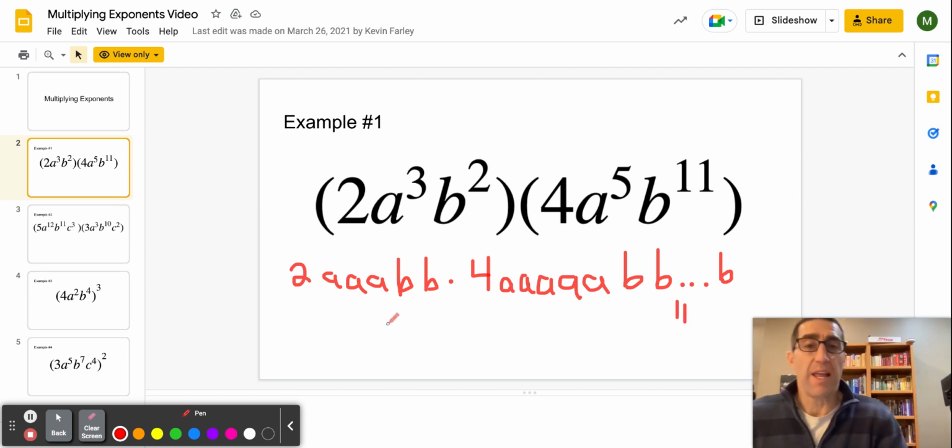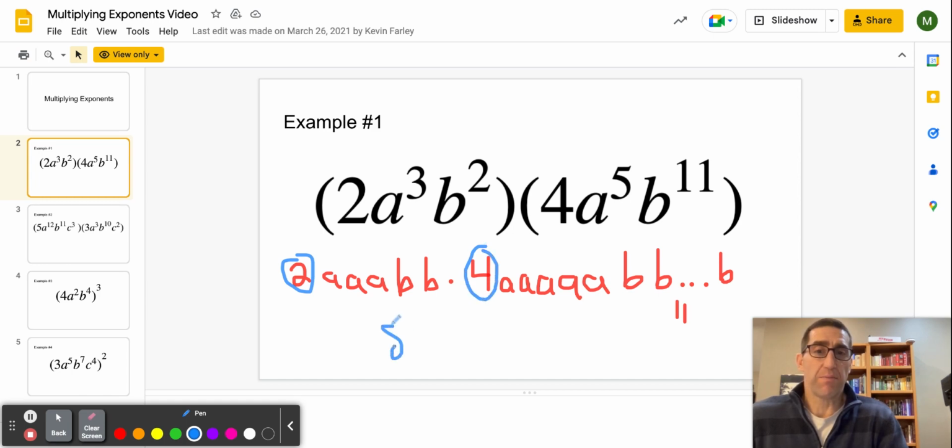So now I'm going to say, what things can I put together? I can multiply 2 and 4, and I know when I multiply those I've got 8. I can also multiply all the a's. So I've got one a here, a second a here, a third a here, which makes sense, it was a to the third.